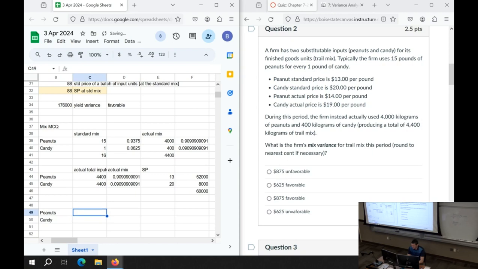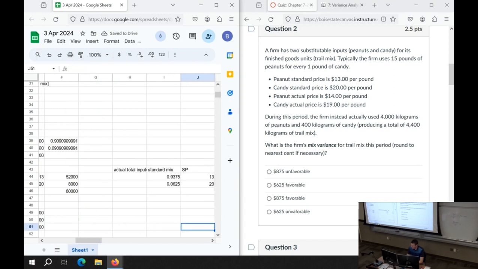Peanuts, candy, times the standard price. Great. The trouble is over here, you do have to do it this way.